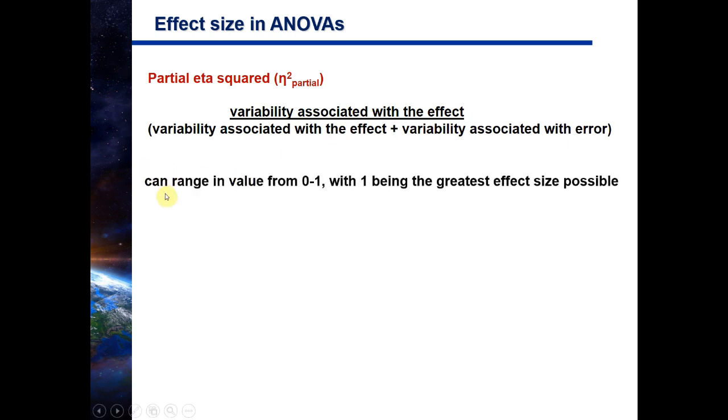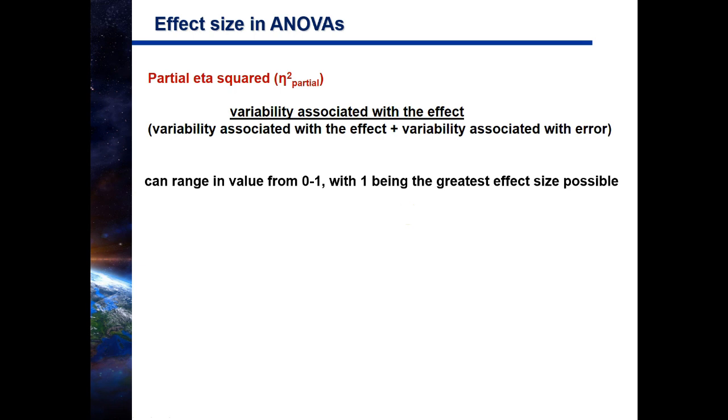Partial eta squared can range from 0 to 1. It can't be negative. Why? Squared, right? Can you ever get a negative number if you square it? No. So it can range from 0 to 1, and 1 is the greatest effect size possible. Now this is different from Cohen's d, because Cohen's d, remember, can be negative and it doesn't stop at 1.